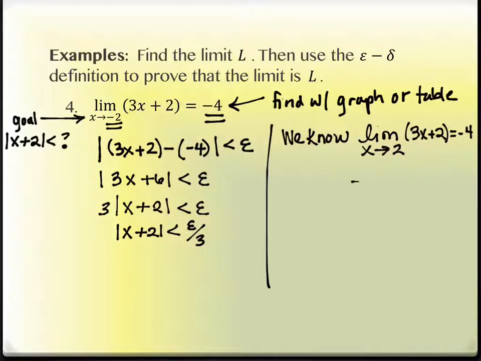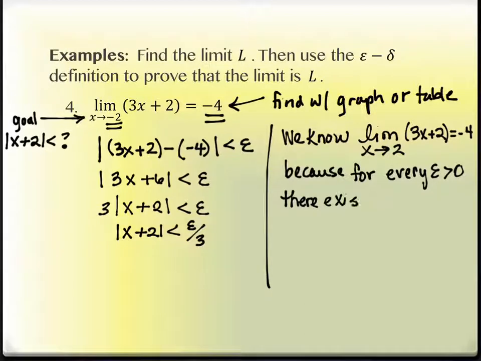Like, we know it's true. Why? Well, because for every epsilon greater than 0, there exists a delta equal to epsilon over 3 because we just found it. This is delta.